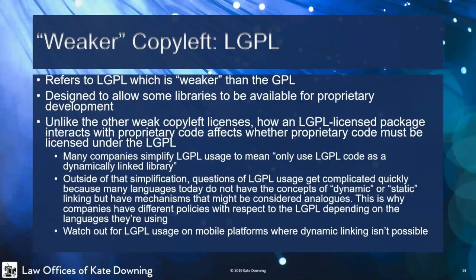But I'm putting it in its own category here because, unlike the other weak copyleft licenses, how you use an LGPL licensed package, how it interacts with proprietary code, can affect whether or not your own proprietary code must be released under the LGPL. So that's pretty different from the other copyleft licenses, because with those you can pretty much use them in any way in the package, so long as it's unmodified and it's not going to affect the licensing of your product. So that's why I think the LGPL deserves its own category.